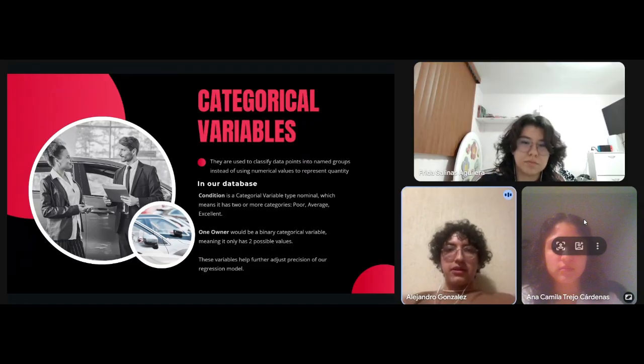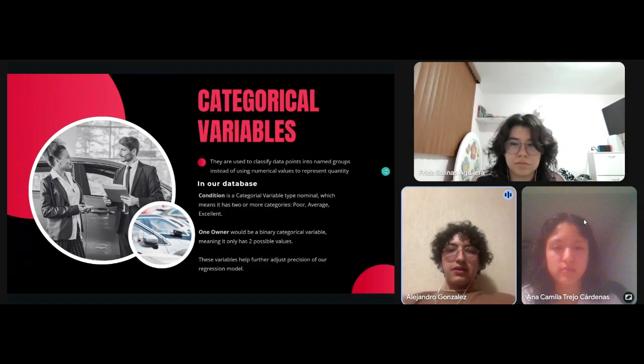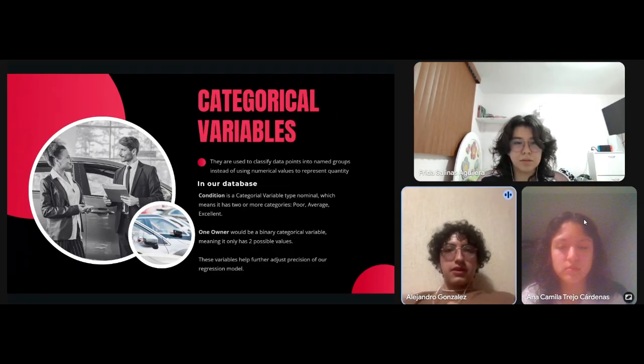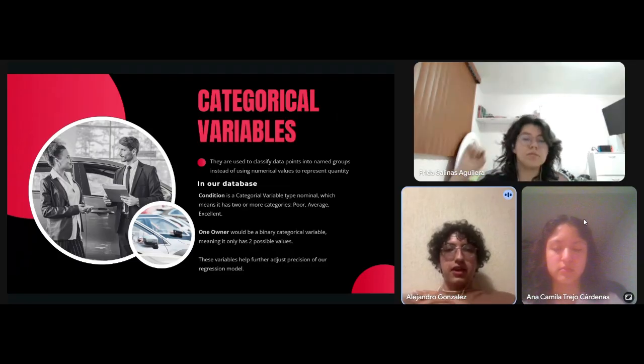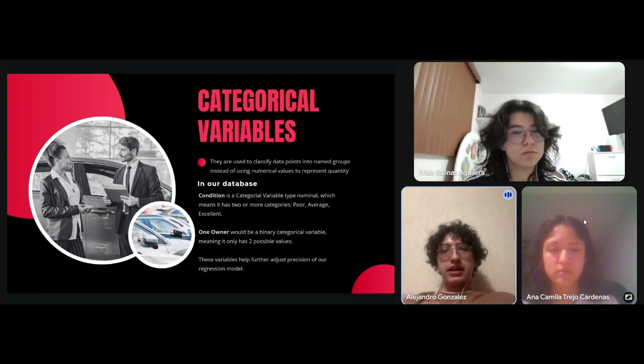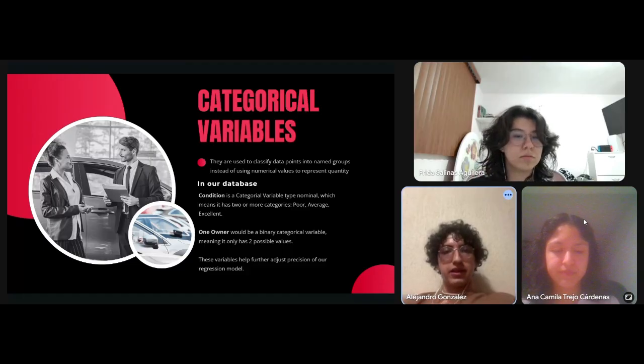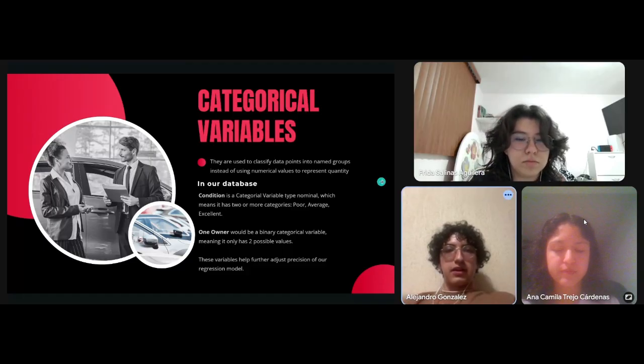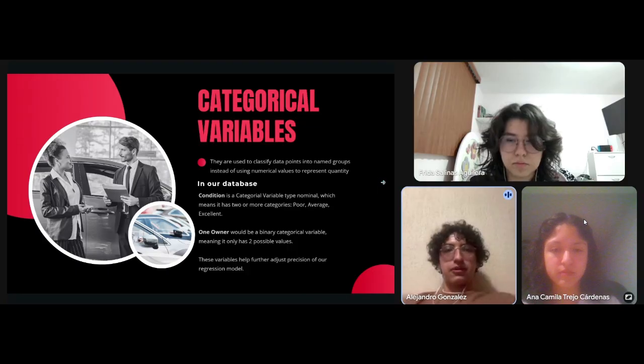So for our database, we had the condition of the car, which would be poor, average, or excellent, depending on whether the switch for the variable was turned on. And we also had the variable of whether the car had one owner or more, and that would also affect the price. So this can help adjust the precision of our regression model.